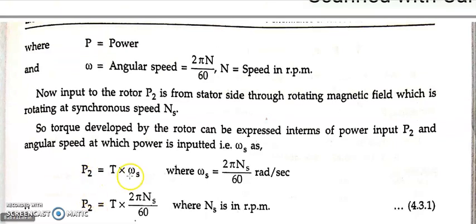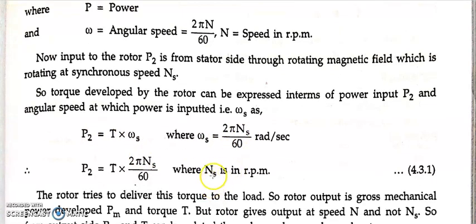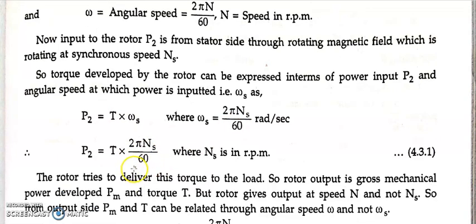So P2 is equal to T into omega S. So P2 is the power developed, or stator output you can call. P2, stator output, is equal to rotor input. Stator output is equal to T into omega S. And omega S is what? 2 pi ns by 60, where ns is synchronous speed in RPM. You just substitute here, you will be getting this.